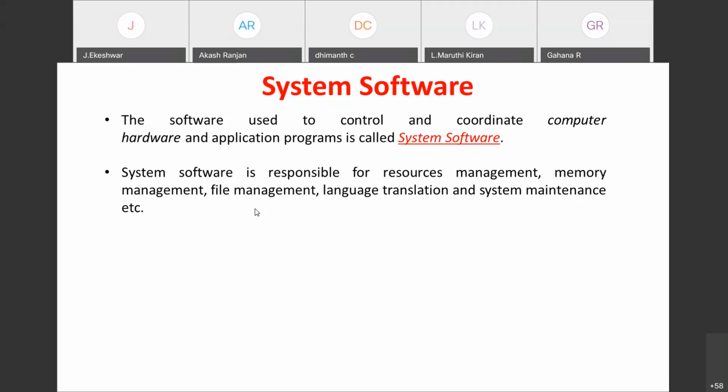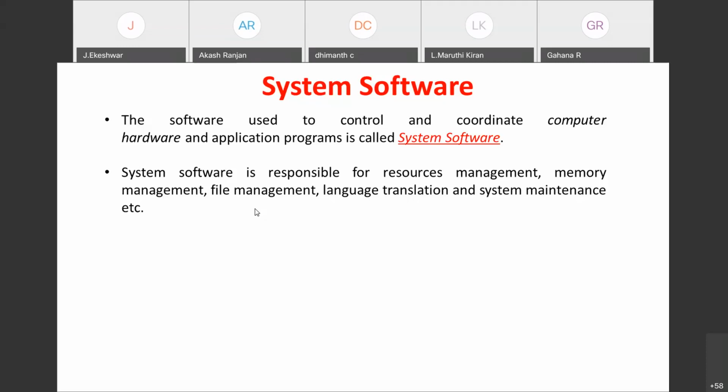Each of these functionalities will be discussed in detail in that course. Since these topics are out of the scope of this course, we will not go into the details. Just know that system software is responsible for resource management, memory management, file management, language translation, etc.